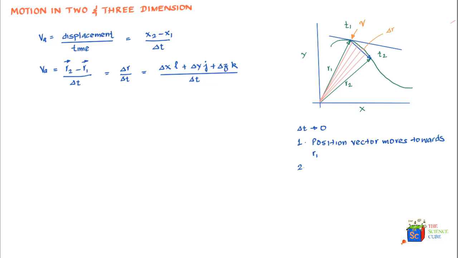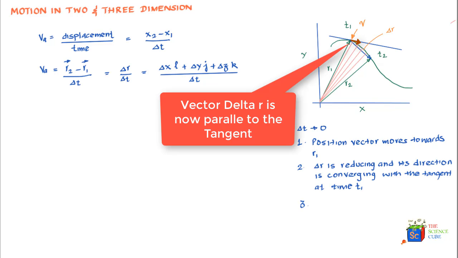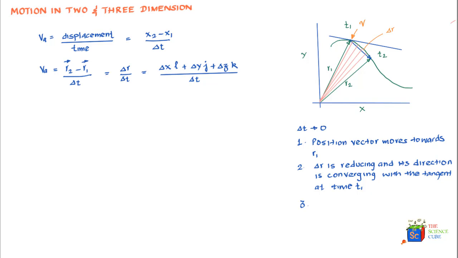The second point is that the delta r will keep reducing, and the direction of delta r, being a vector, will eventually converge with the direction of the tangent at time t1 when delta r is almost 0, not 0. And when this happens, delta r upon delta t would be nothing but the instantaneous velocity at that point of time.